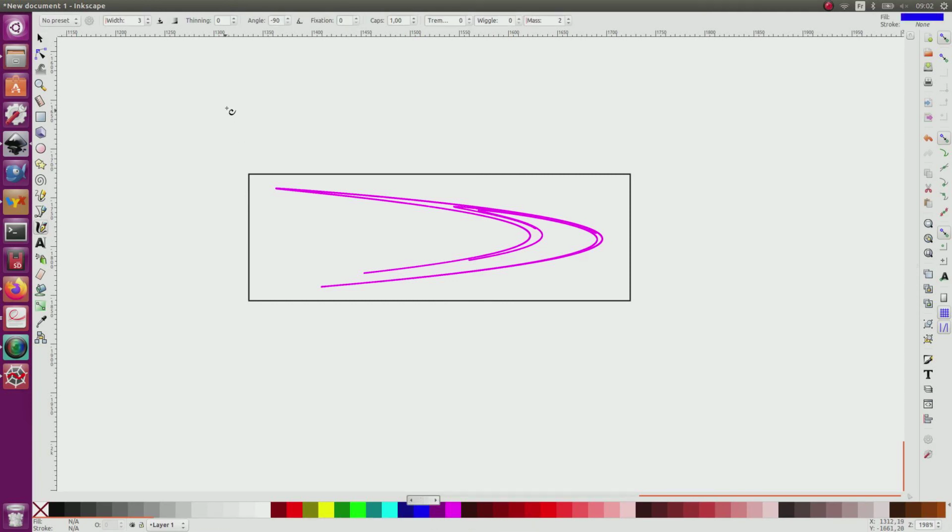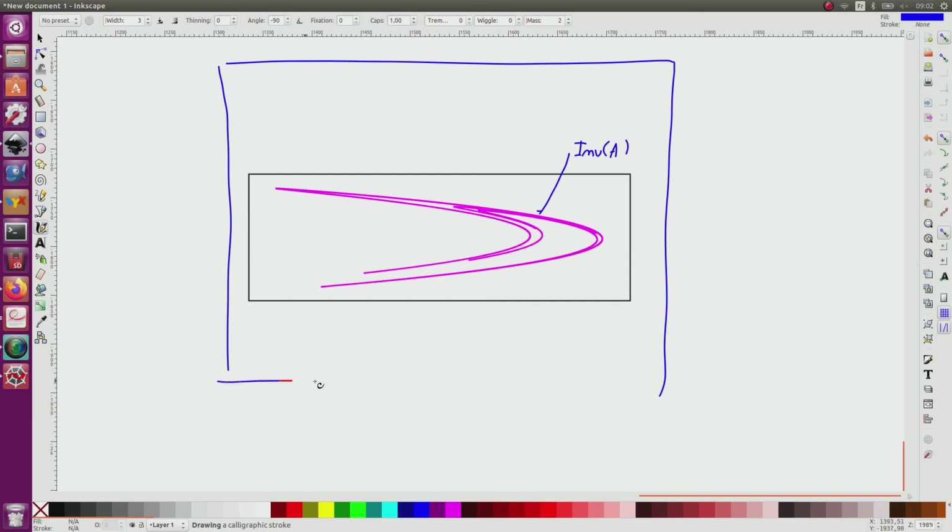If I take many points, I will have a representation of the attractor here. Invariant of A. Here A was like this. It was a box, A equal [-2, 2] x [-2, 2]. And the image by f of this invariant set is itself.